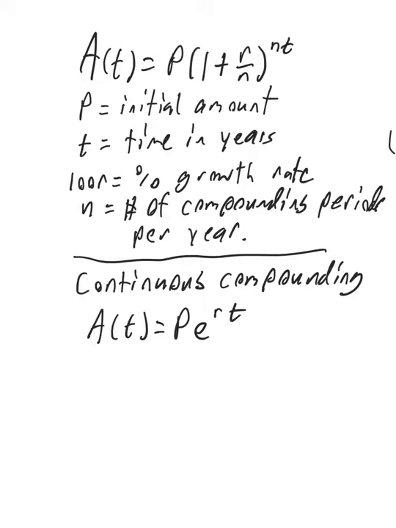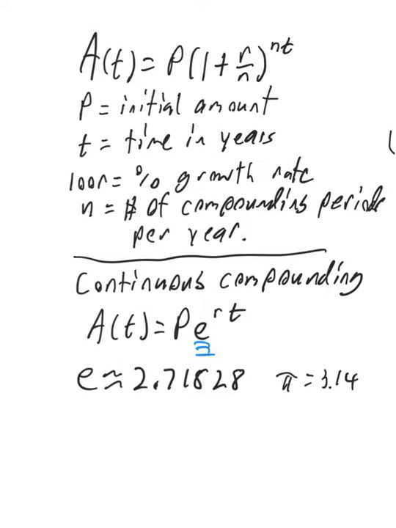The E is a special number. E is approximately 2.71828. We just use the symbol E so we don't have to keep writing out 2.71828. It's just like we use pi as 3.14 for area of circles and things like that.